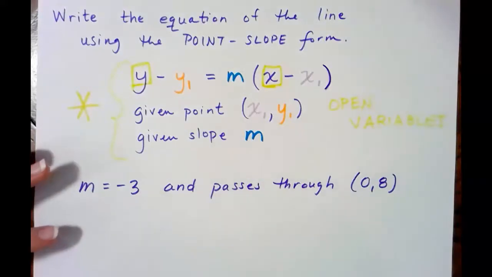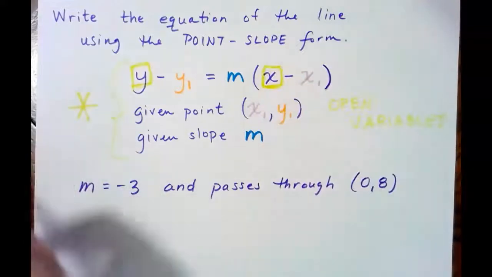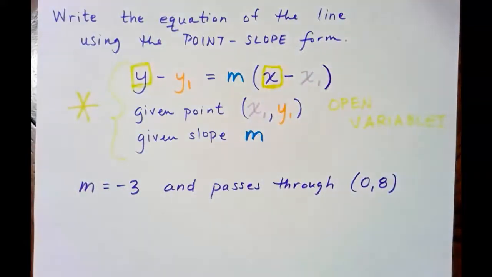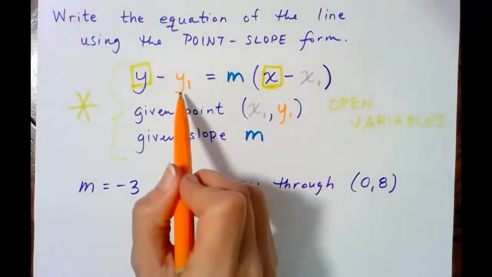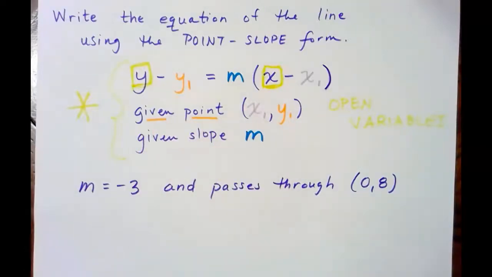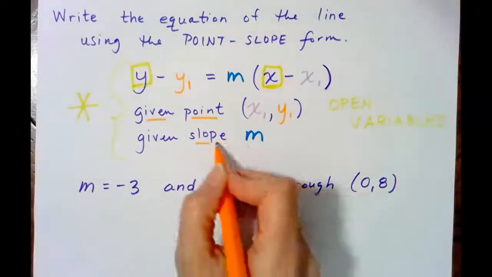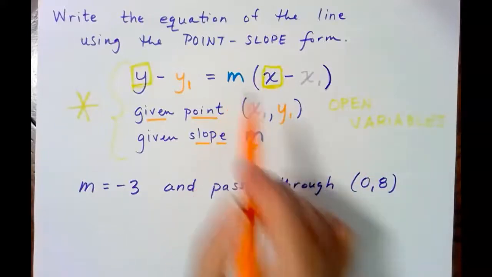So do not put anything in for this y and this x. If you don't have them there, then you're not dealing with the entire line. If you close them, then you're only considering one point. So this x sub 1 and this y sub 1 are going to be from a given point in the problem. And of course, the slope is going to be plugged in for m.